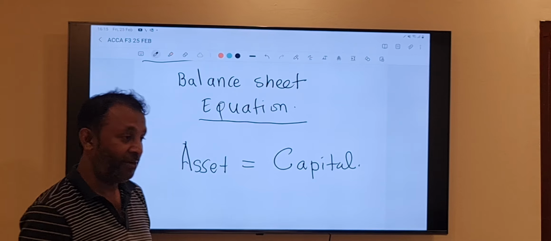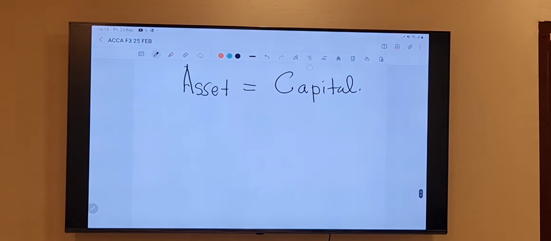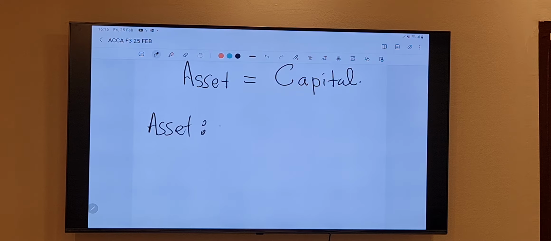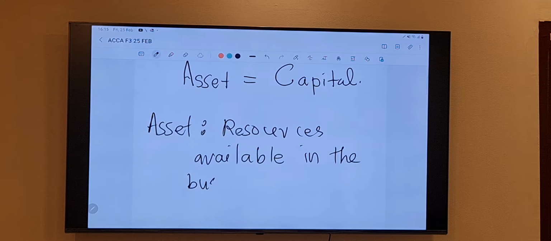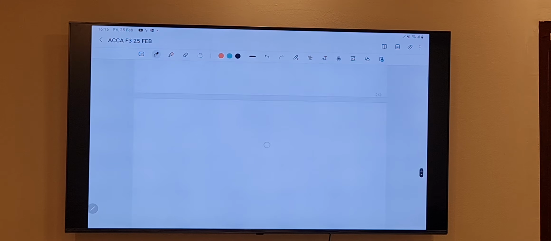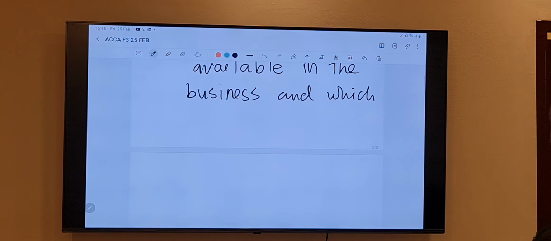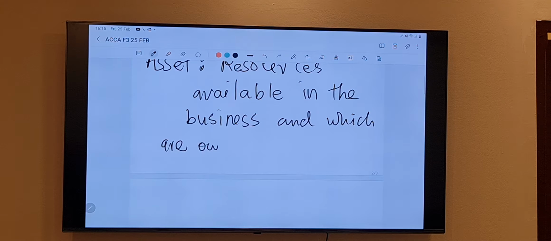Now, let's write down, please. We will define asset. Assets are resources available in the business which are owned and or used by the business.